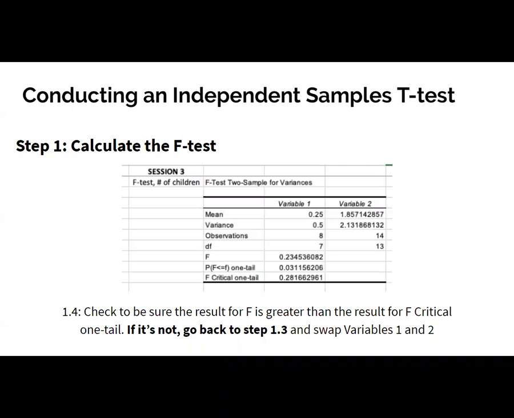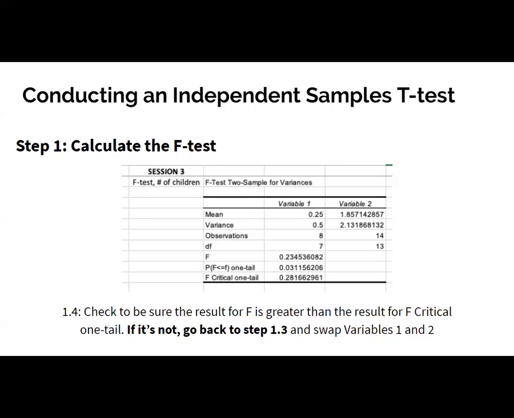So then the output is going to look something like this. Now the one catch or the trick with the f-test is that you need to make sure that the F number is greater than the F critical. And it's not here. All that means is that you need to change what you selected as variable 1 and variable 2.